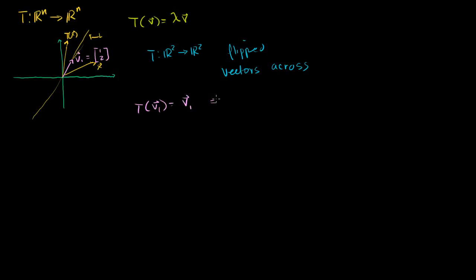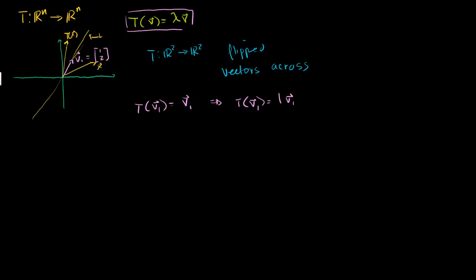Or we could say that the transformation of V1 just equaled 1 times V1. So if you just follow this little format that I set up here, lambda in this case would be 1, and of course the vector in this case is V1. The transformation just scaled up V1 by 1.